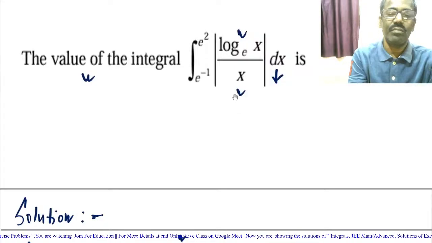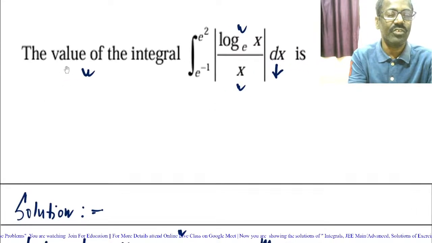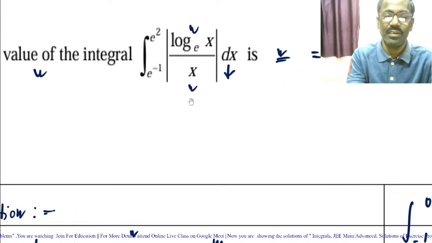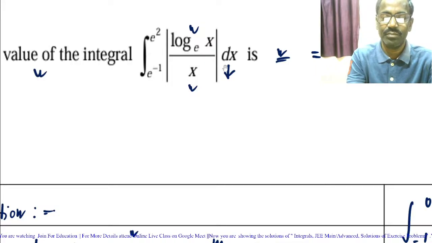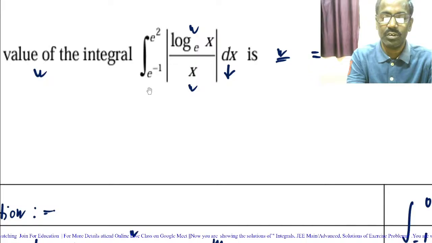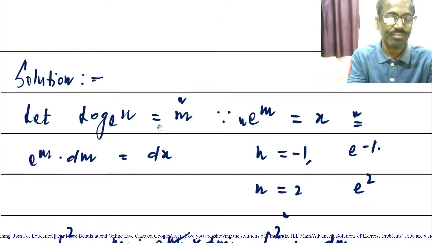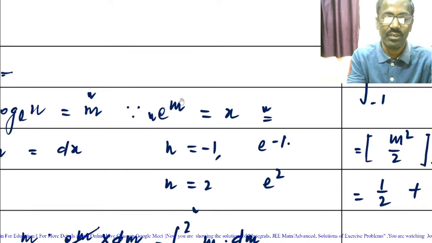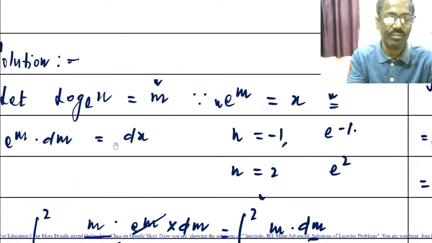This is the question: the value of the definite integral of the absolute value of log x at the base e by x into dx, lower limit e to the power minus 1 and higher limit e to the power 2. Let log x at the base e equal to m, therefore e to the power m equal to x.